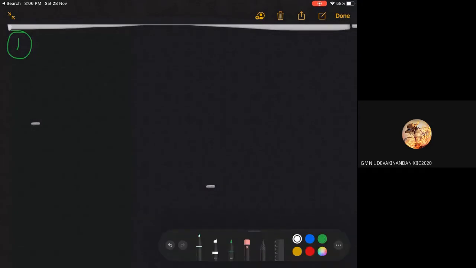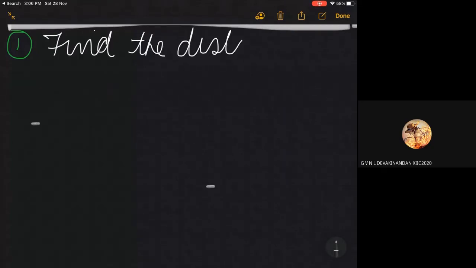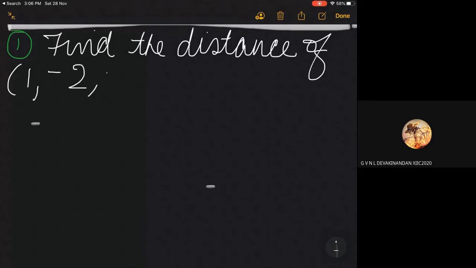Find the distance of the point (1, minus 2, 3) from the plane.